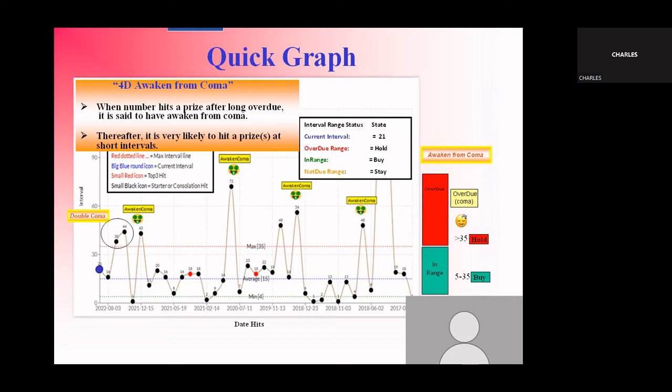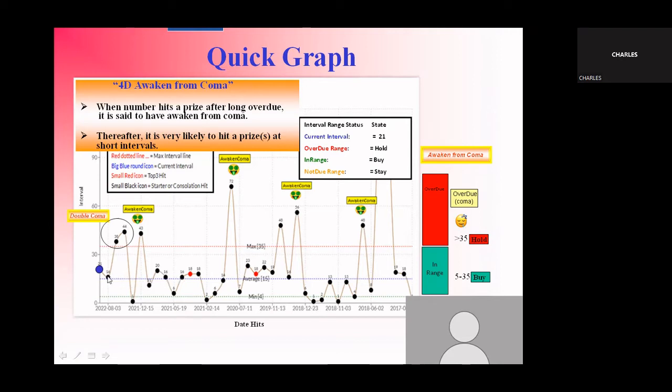There are some numbers that have triple coma, right? So it is good to play when a number has hit a double coma, because the next time it hits again will be in range. You see, for example, in this case, it hit again after the second coma. It hit at interval 16, which is around the average line, which is still good.